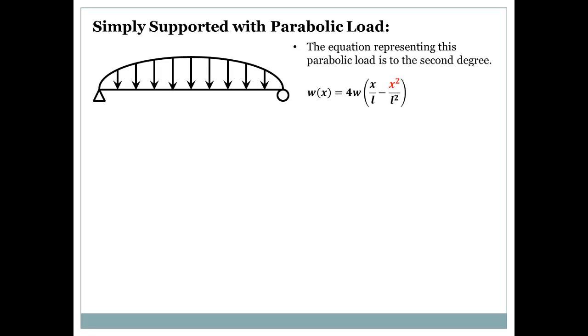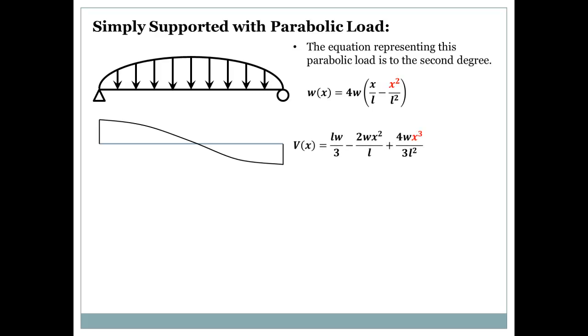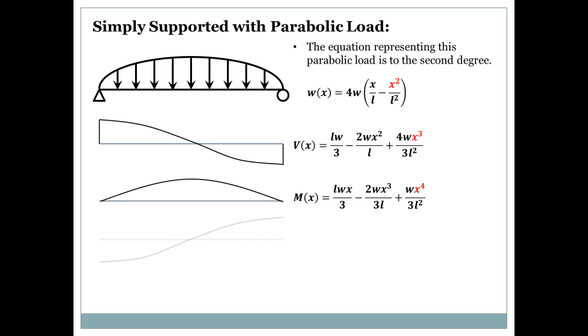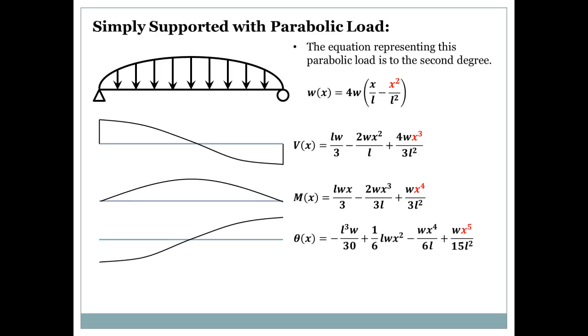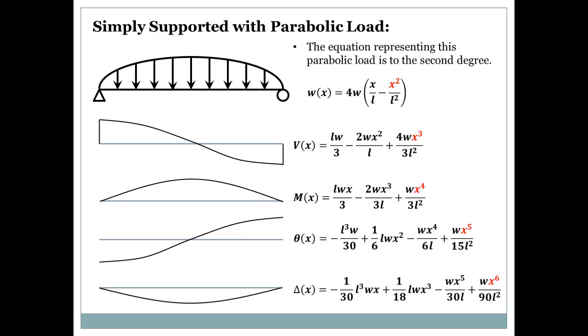So we start with this equation, which is to the second power. Now the shear is to the third power, the moment is to the fourth power, the rotation is to the fifth power, and now we see the deflection is to the sixth power.